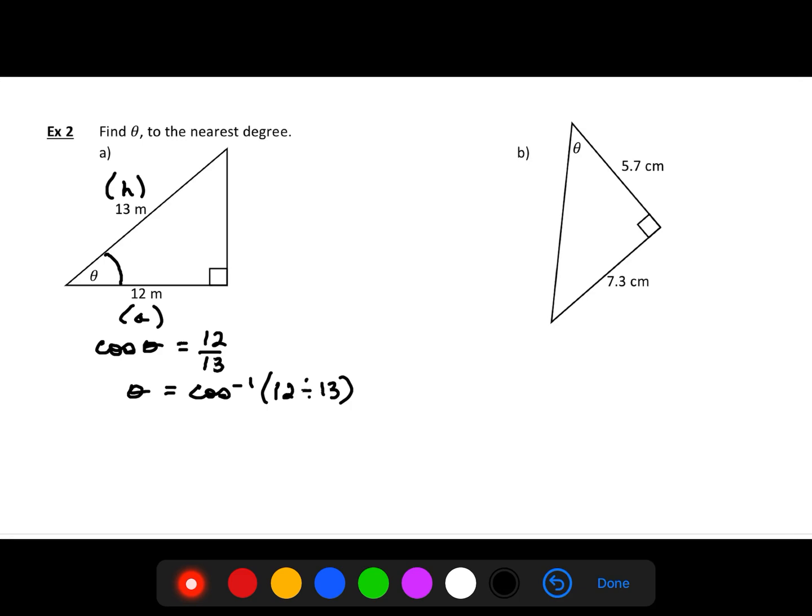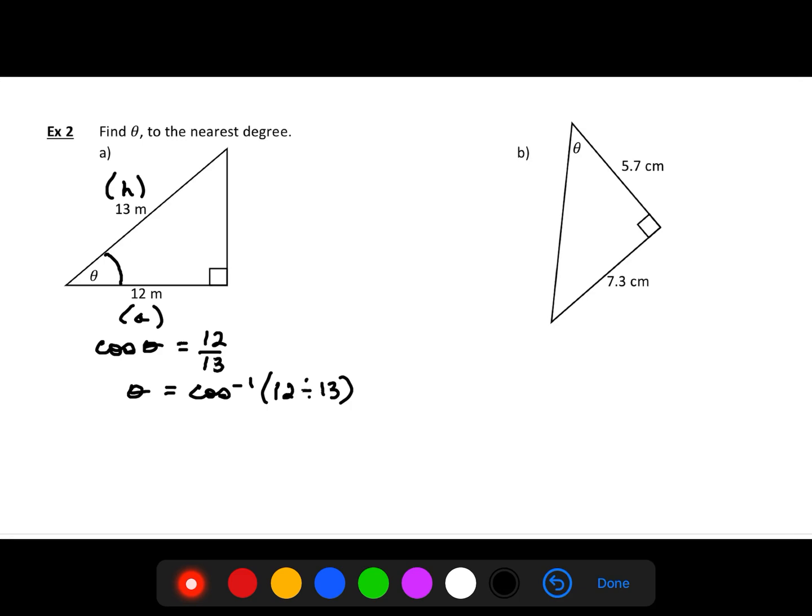Remember we talked about going back to an angle: we do our inverse cos, which is usually above our cosine button. Theta is a measure of an angle. We're going to put in cos to the negative 1, or inverse cos, of 12 divided by 13 to get as precise an answer as we can.